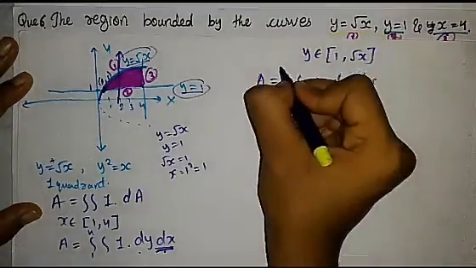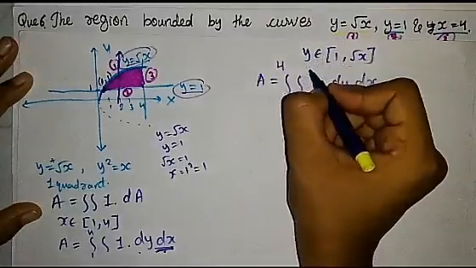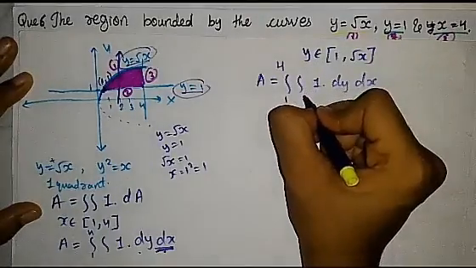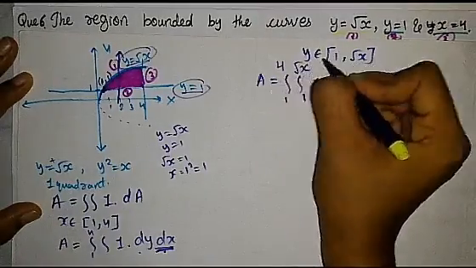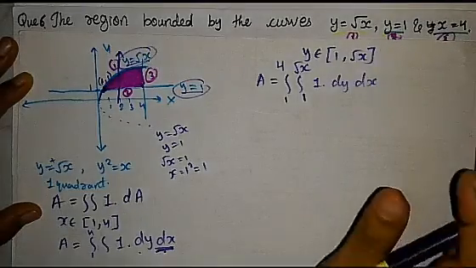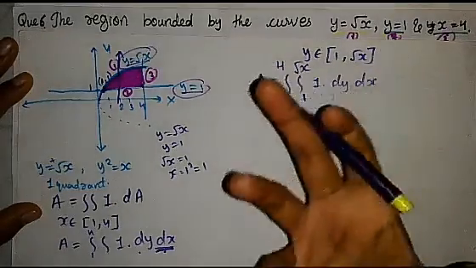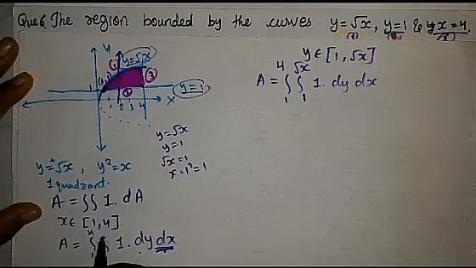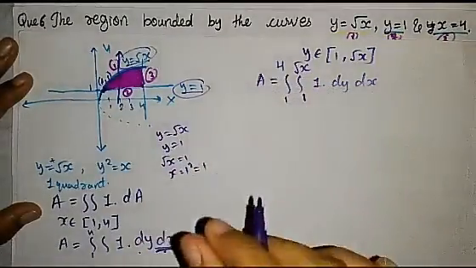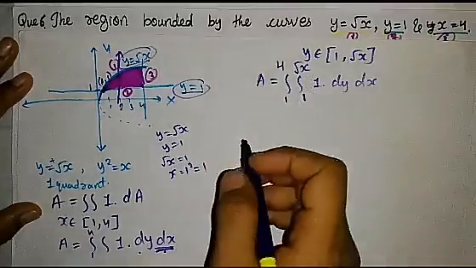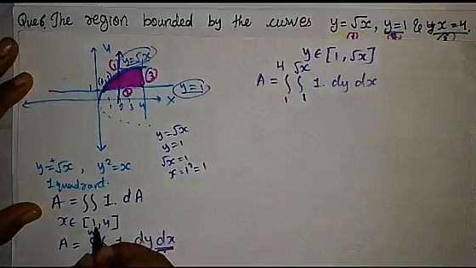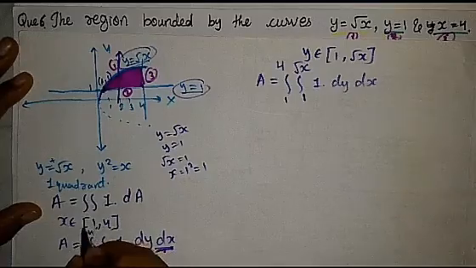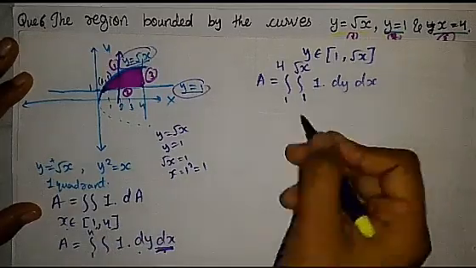We have found limit of x 1 to 4 and limit of y is from 1 to root x. Always in this type of problem, try to find the constant limit, because that will be very useful. Once you find the constant limit, then work becomes easier to find the other limit. So here X is constant.